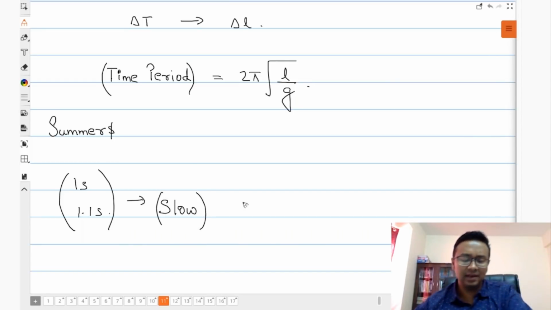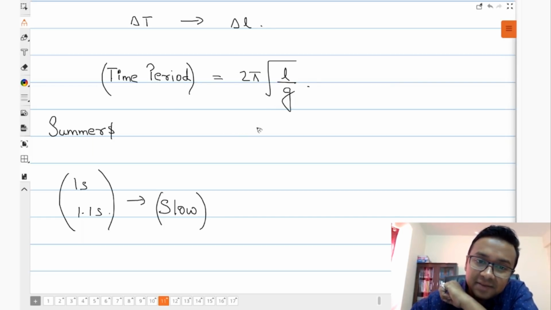However, if in an examination you're not able to do this fast analysis, there is another method to find out whether it's going to lose time or gain time. Here, I'll use small t for time period because capital T is referring to temperature.